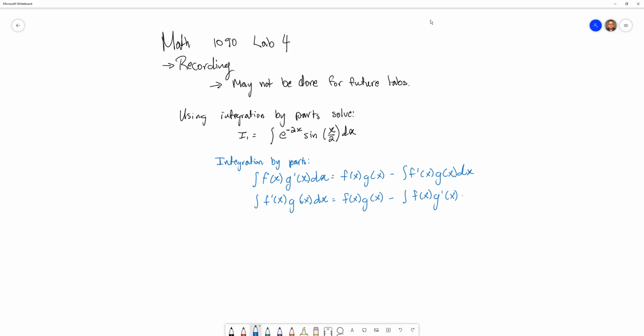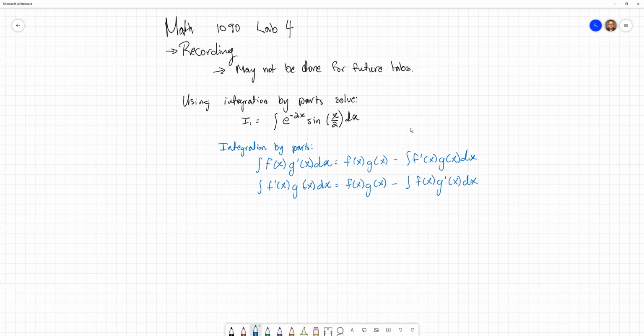So you can rearrange this equation and have it flip there. But because you get to decide which function is f and which one is g, it's not really necessary to do that, but you are able to if you want to show that there.